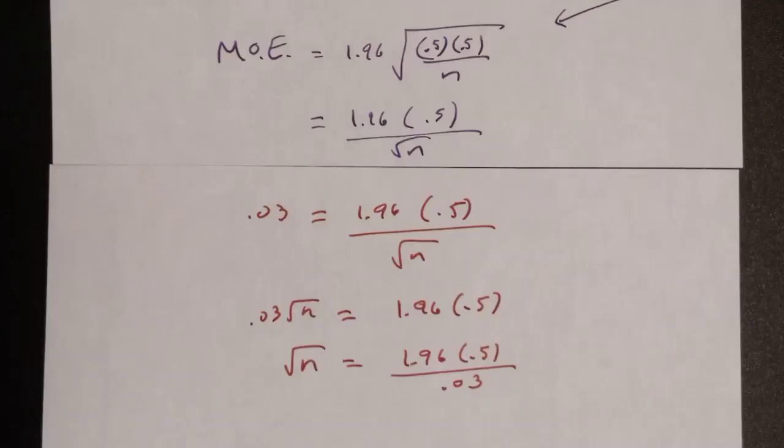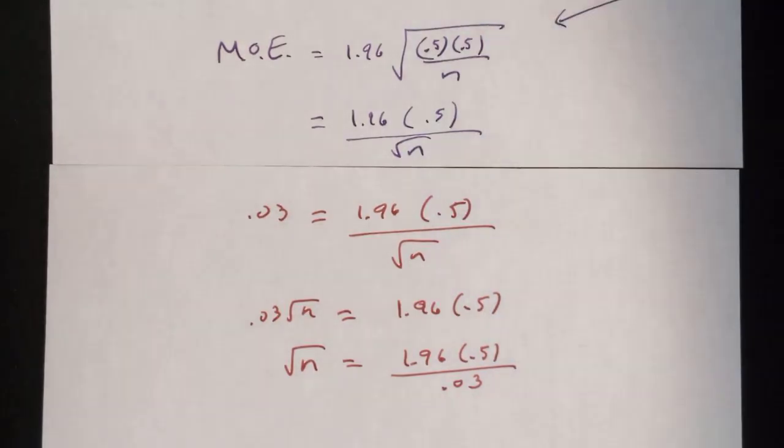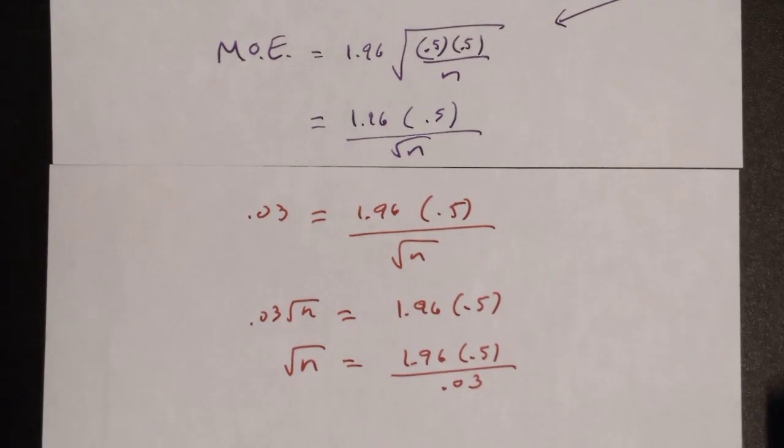Give me a number. That's this number, right? 32 point something. But that's the square root. So to get n, I need to square this thing, right?